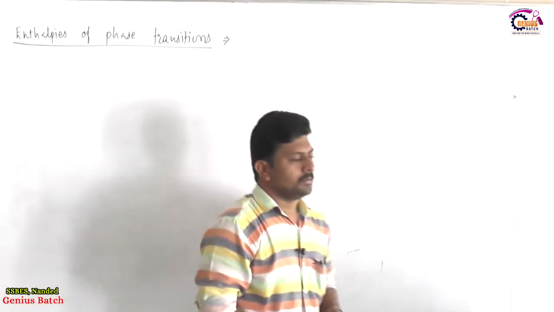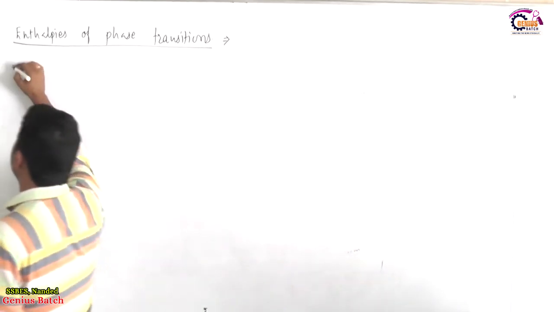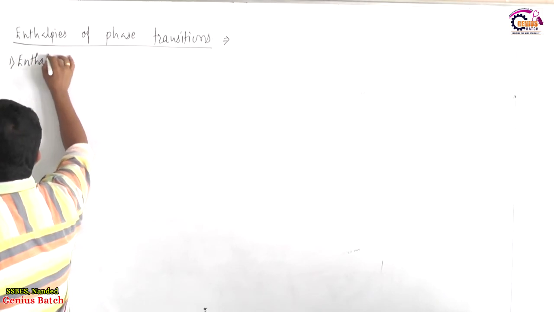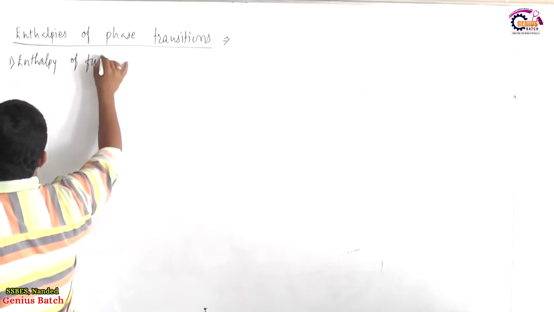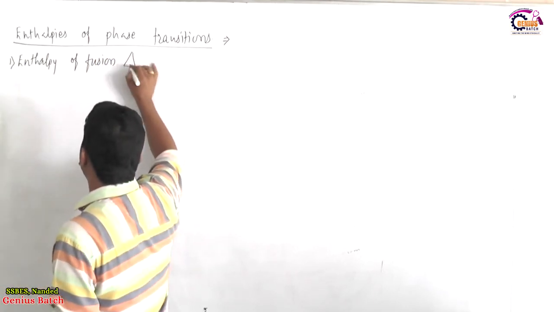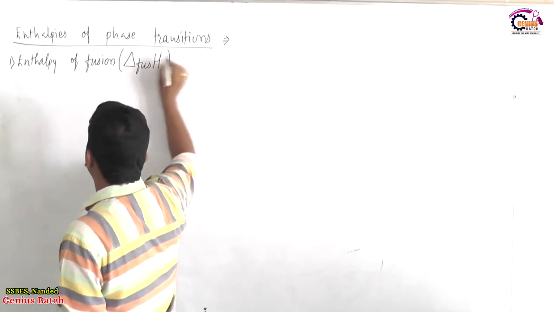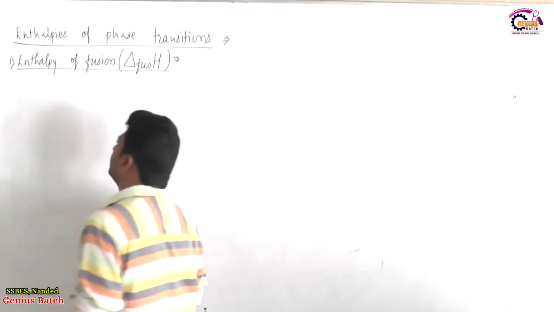The first phase transition, of solid into liquid, is called enthalpy of fusion. It is represented as delta FUS capital H. Read it as enthalpy of fusion.